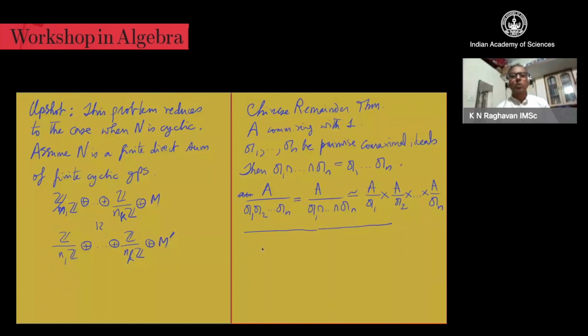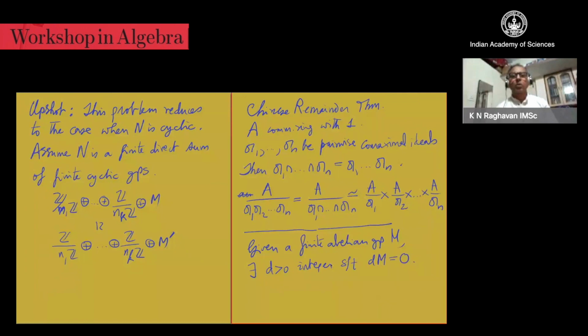what we did yesterday. So given a finite abelian group M, there exists an integer D bigger than 0 such that DM is equal to 0.